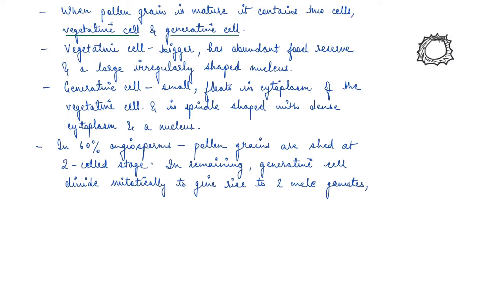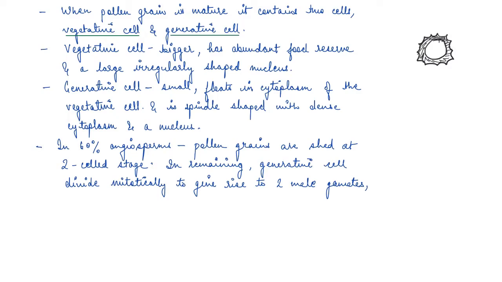Okay. The other one is the generative cell. Now, the generative cell basically is small and it floats in the cytoplasm of the vegetative cell, and it is simple, spindle shaped with dense cytoplasm and a small nucleus. So it is spindle shaped, with dense cytoplasm and a nucleus, right?